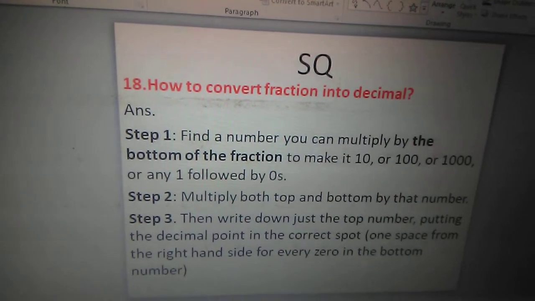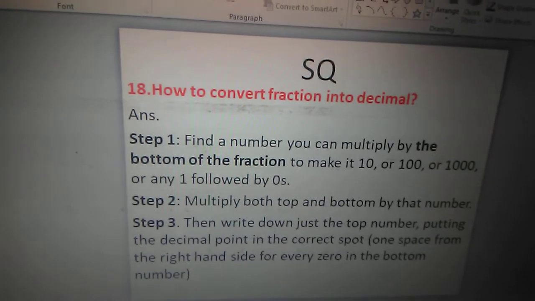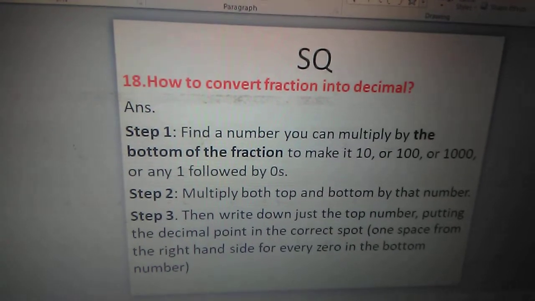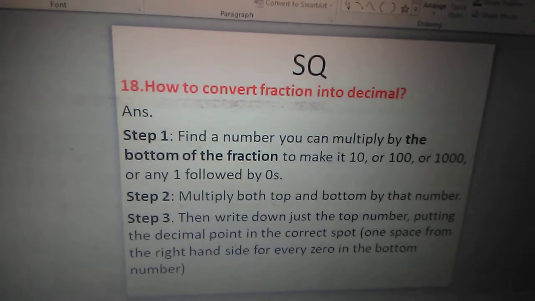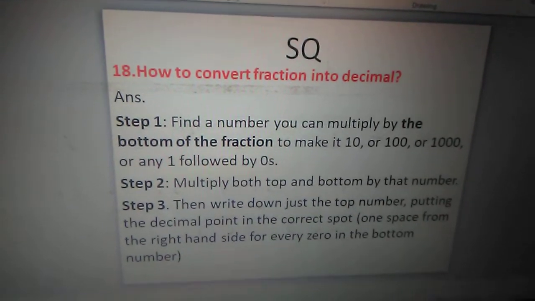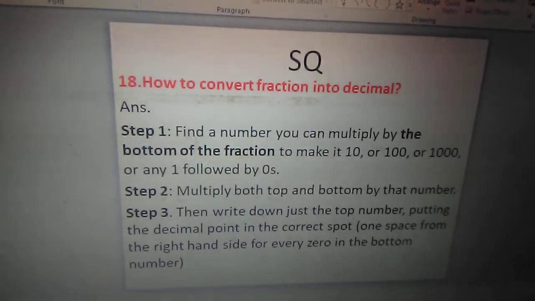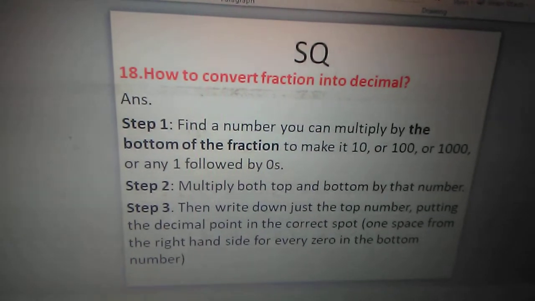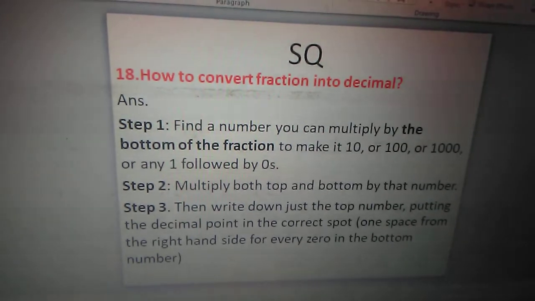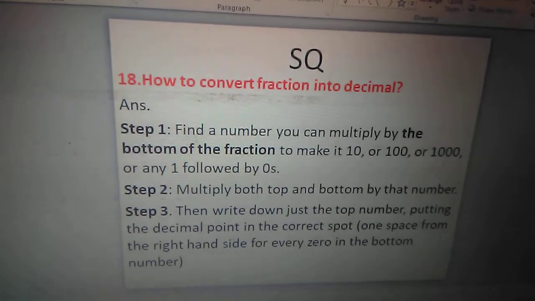So a fraction is given, so the numerator is there, the denominator is there, and you have to multiply the denominator with such a number so that it becomes 10 or 100 or 1000 or 10,000, any number followed by 0. Then multiply both top and bottom by that number. By that number you will multiply the numerator and the denominator.